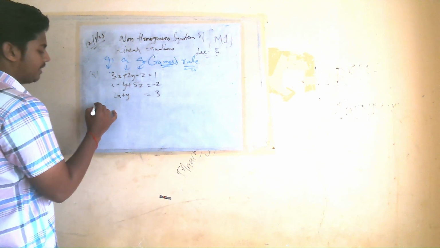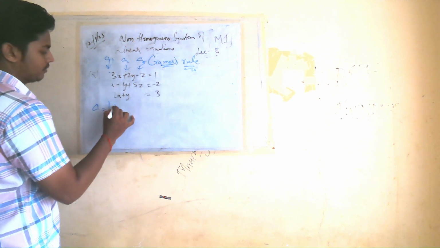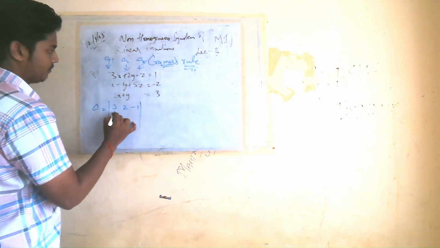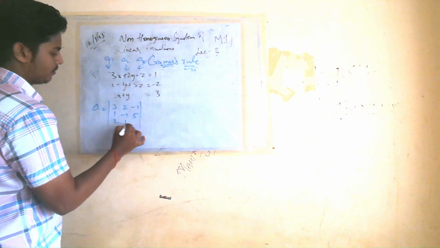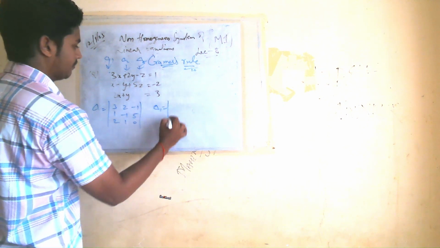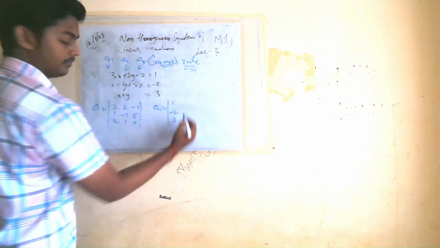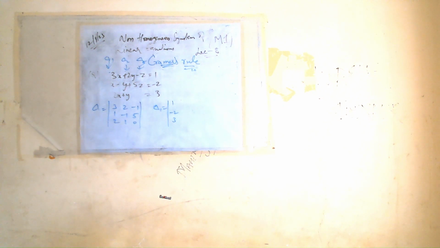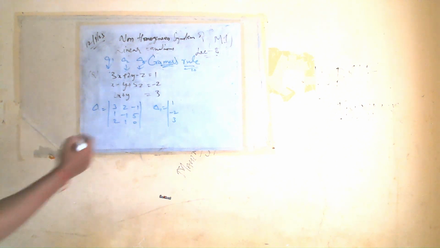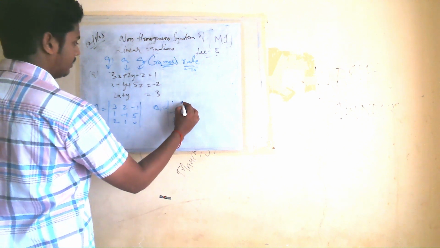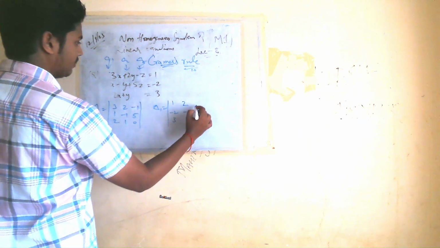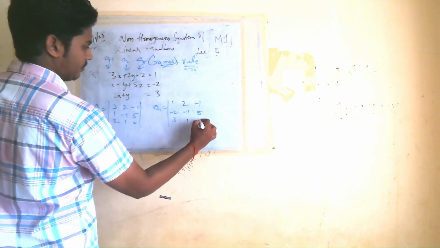So we will find delta, that is equal to the determinant 3, 2, minus 1; 1, minus 1, 5; 2, 1, 0. We find delta 1: 1, 2, minus 1; minus 2, minus 1, 5; 3, 1, 0.